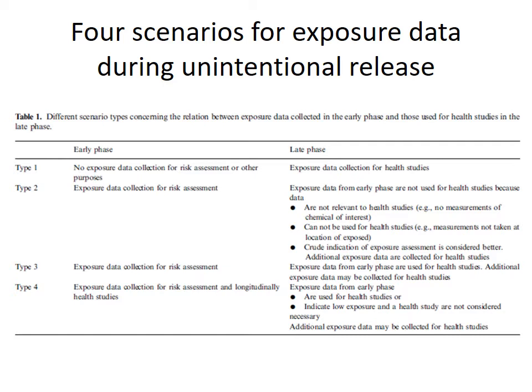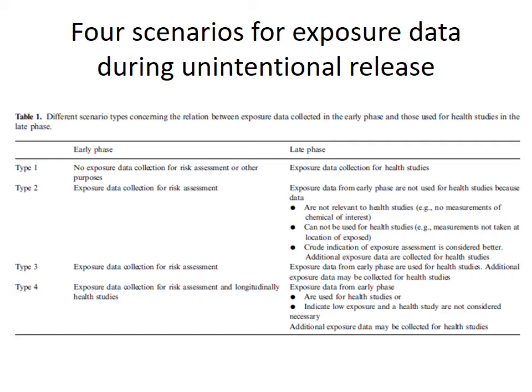And they range from where no exposure data was ever collected for risk assessment or other purposes, to where there was a lot of exposure data collected early on that can be used in health studies. And it's a broad range of types. So when we think about these kinds of unintentional releases, these are much more difficult to assess and capture, often because it might rely on people remembering what they were doing, where they were, and historical estimates of exposure.